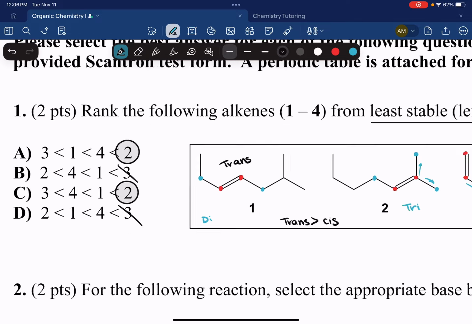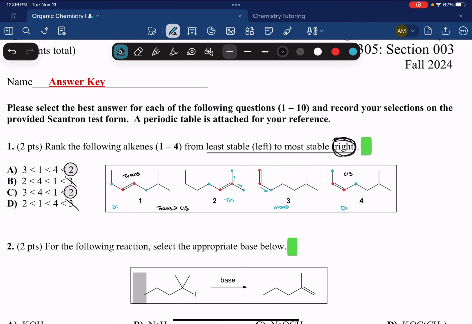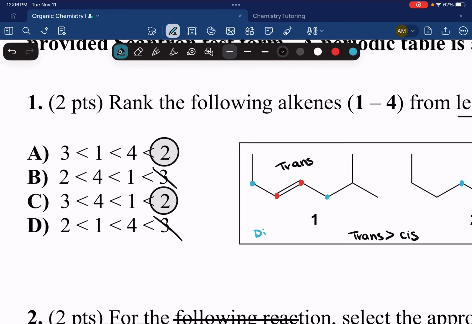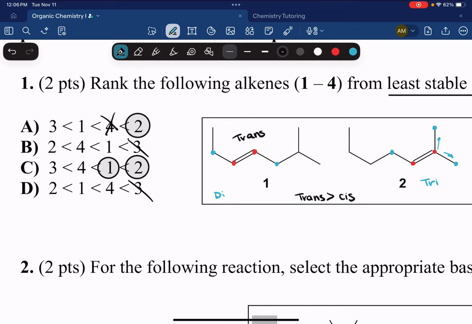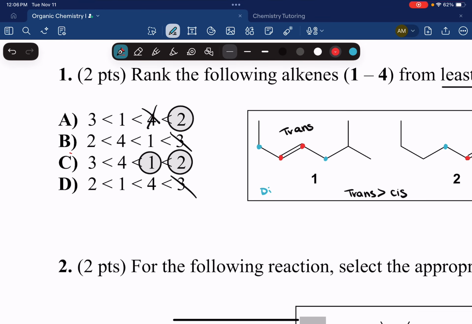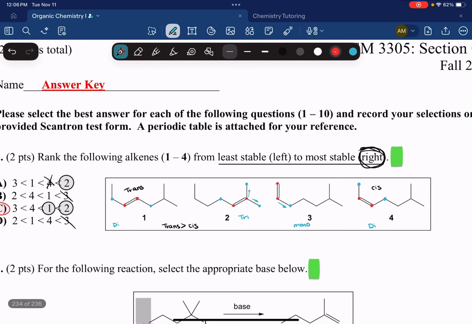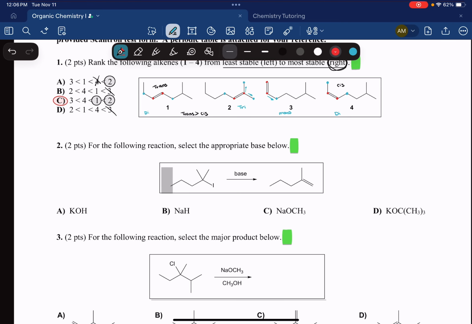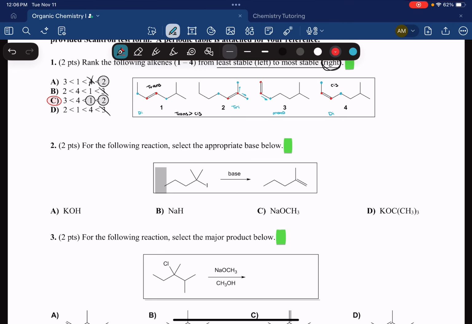It's just a little bit more balanced. Okay, so that means 1 should be next. This one has 4 next. 4 is not more stable. So our answer is going to be C. Okay, makes sense? Hopefully.